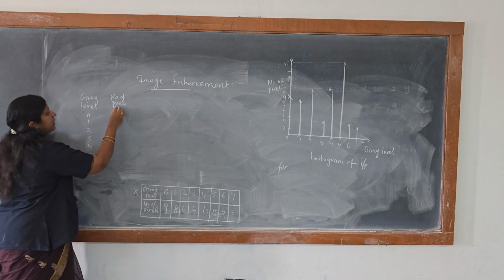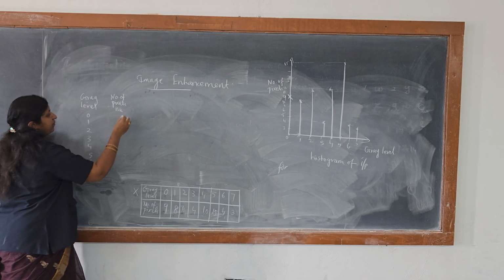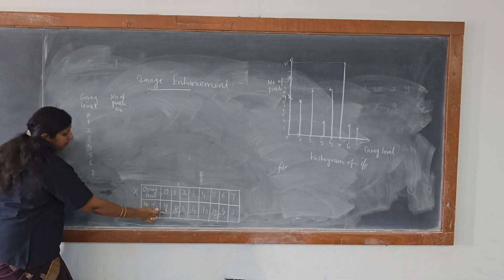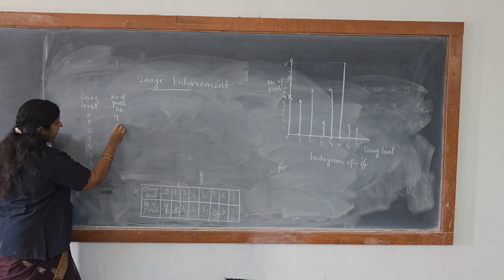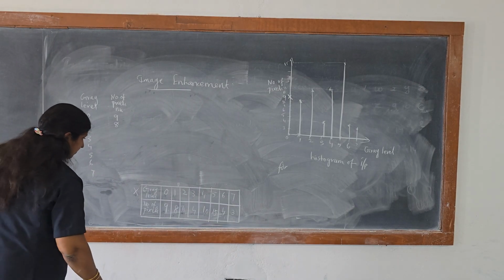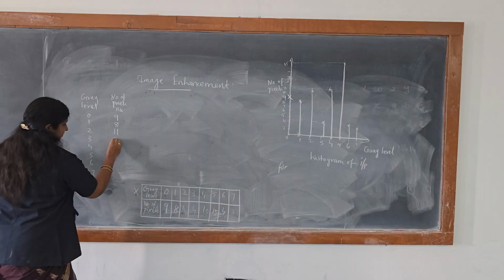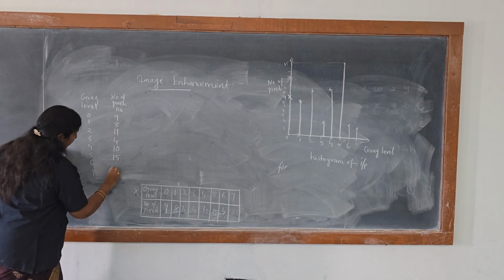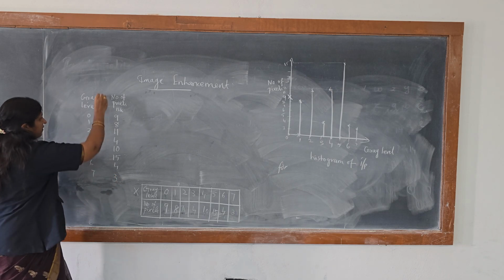This is represented as n of k. Here the values are 9, 8, 11, 4, 10, 15, 4, 3.